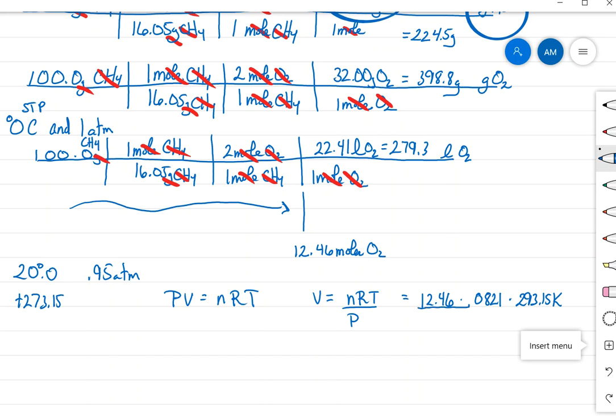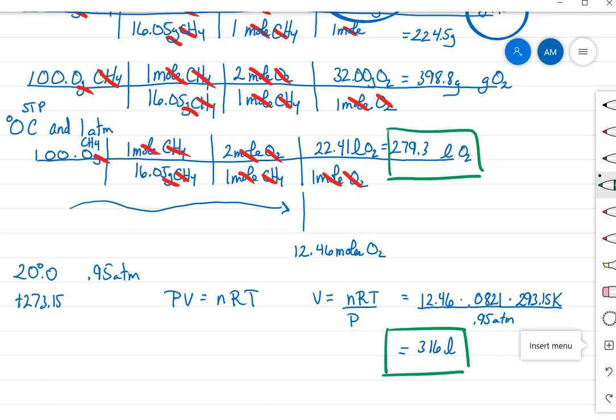I'm going to divide that by 0.95 atm, and we get 316 liters.